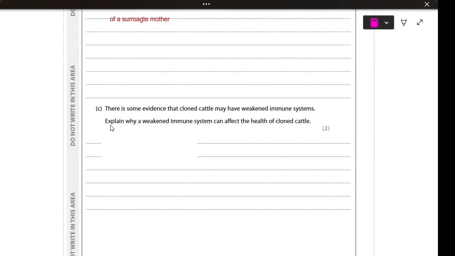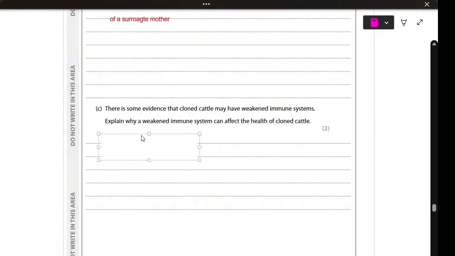A weakened immune system means they must have a lower number of white blood cells, which will result in a lower number of antibodies, so they cannot fight infection properly. So they will be catching diseases more often. So there are fewer white blood cells and fewer antibodies produced.